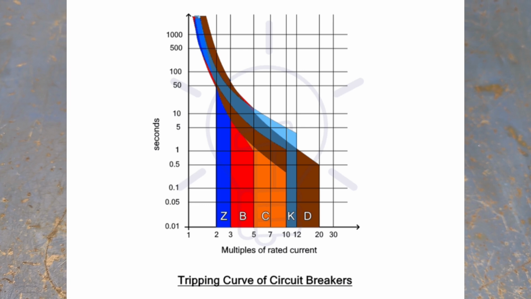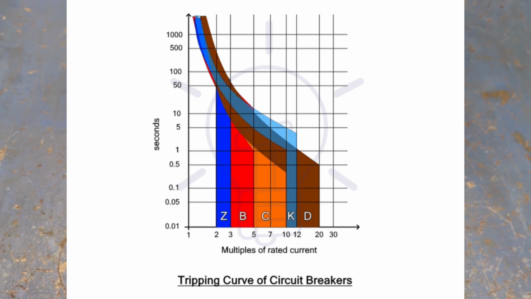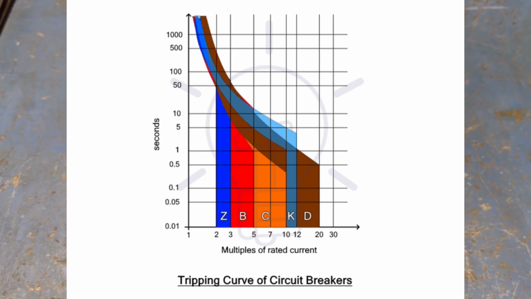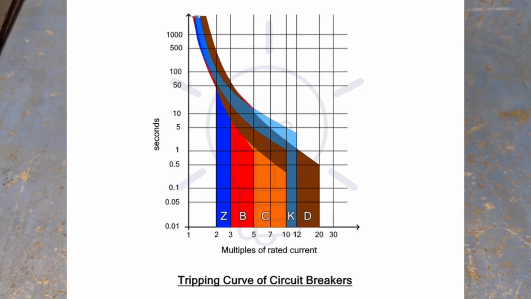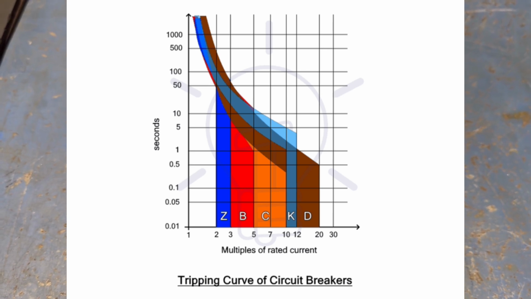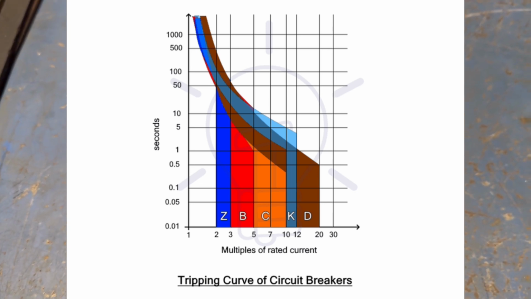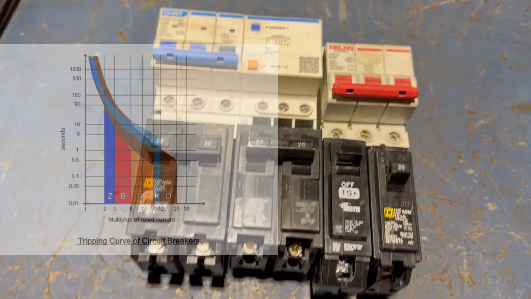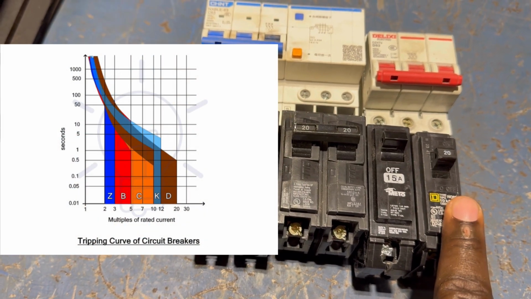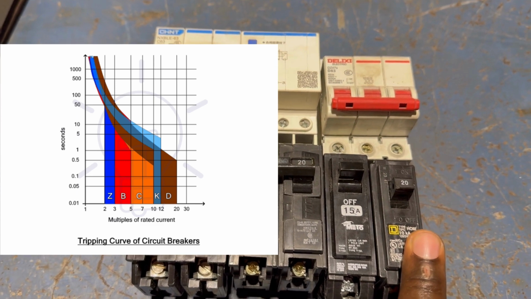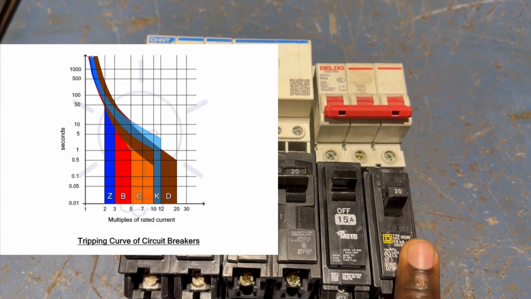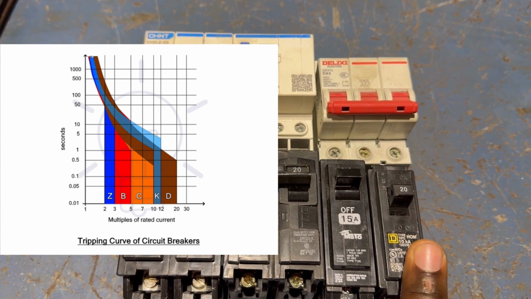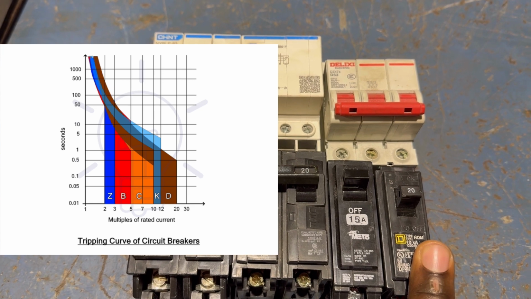So we have, as I said, B, C, and D. For B, the current has to exceed the rated current by 3 to 5 times, 3 being the minimum value and 5 being the maximum value. So for instance, I have this 20 amp breaker. Before this breaker can trip, the current has to exceed the rated current by 3 to 5 times.